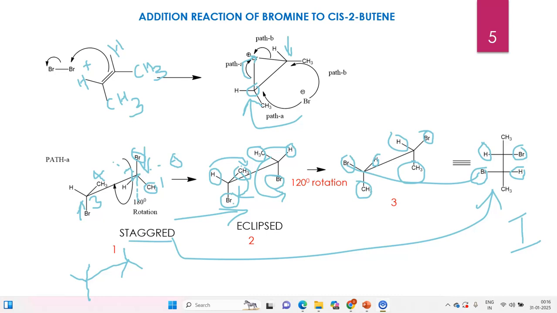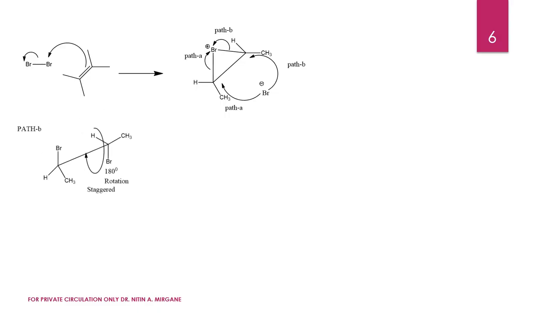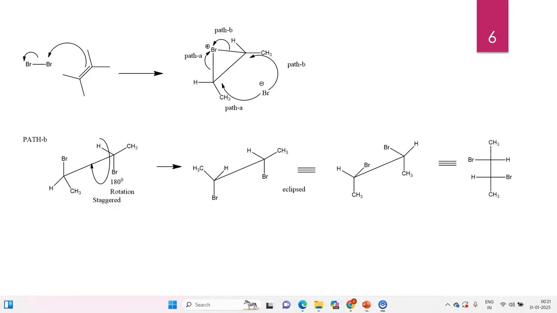Next is path B. So what is path B? Just see path B. Here is also CH3, the same CH3.